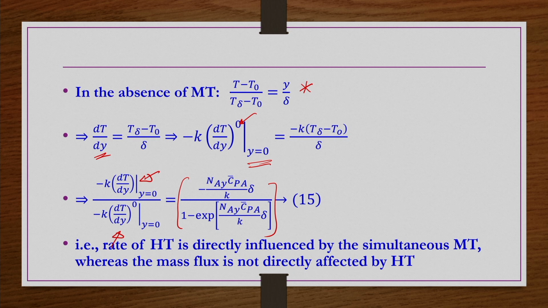Why is that? Because whatever the D, C etc. are there, how they are related to temperature is not given. That is the reason we did not bring the effect of temperature into mass transfer, okay.